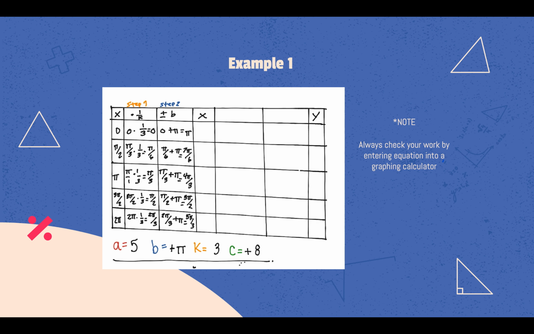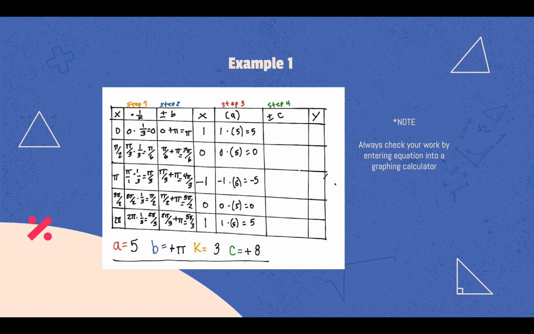And that is going to look like, as we know, untransformed cosine x is 1 for 0, and then for pi over 2, 0, -1, 0, 1. Always verify that you're using the correct ones first, cosine and sine. And then we'll go into step number 3, which is to multiply by the amplitude.